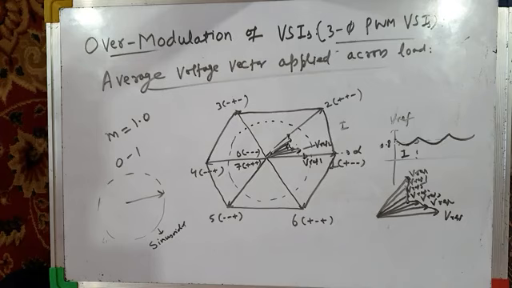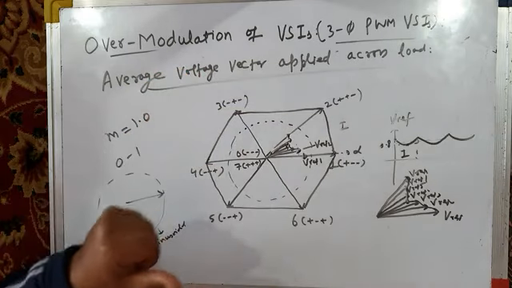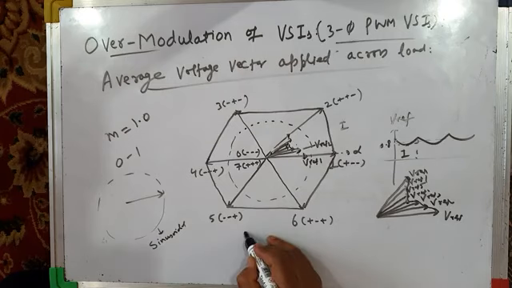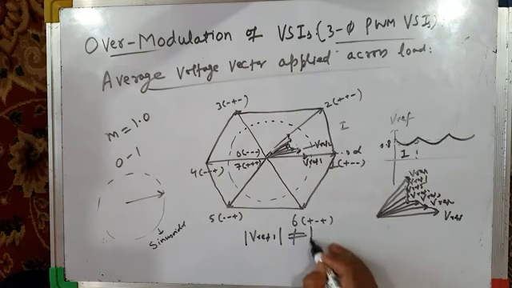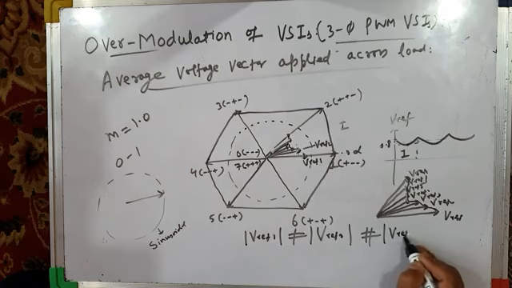Some low frequency harmonics get injected into the inverter output voltage. So no doubt you are able to increase the inverter output voltage by over-modulation, but at the cost of low frequency distortion. So I can write here, the magnitude of Vref1 is not equal to the magnitude of Vref2. It's not equal to the magnitude of Vref3, and so on. Right?